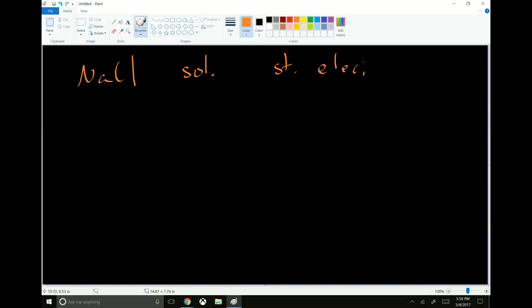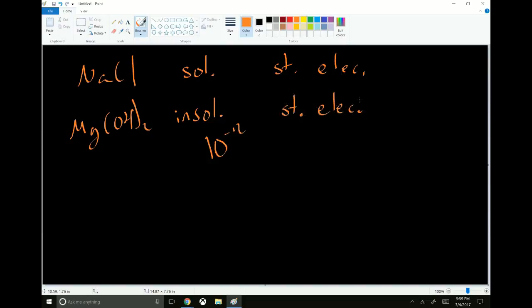It's a strong electrolyte. Let's say magnesium hydroxide is insoluble. It does not dissolve well. It dissolves only a very, very small amount, like 10 to the negative 12th. But it is still a strong electrolyte because it produces a lot of ions in solution, even for the small amount that it does dissolve.